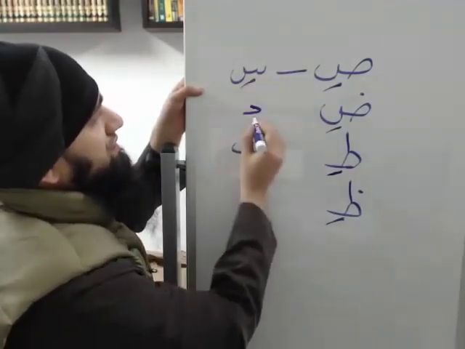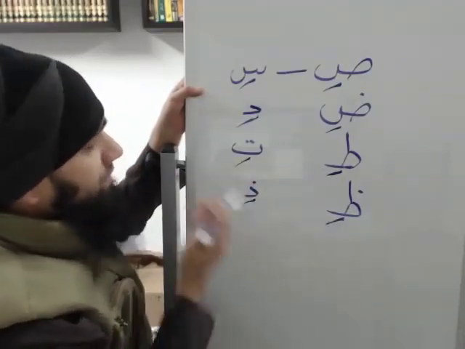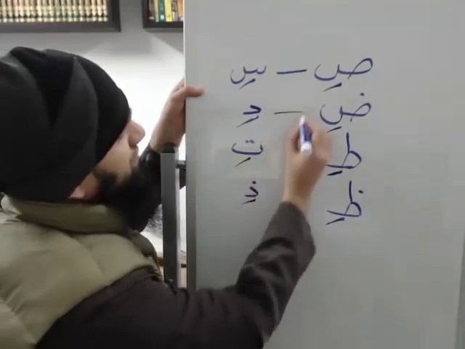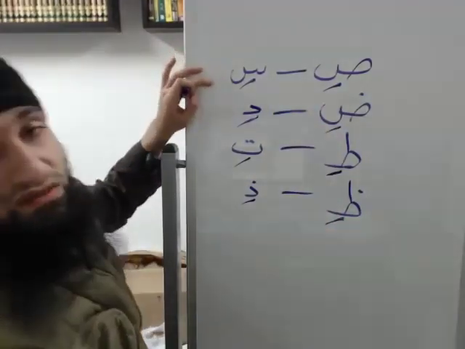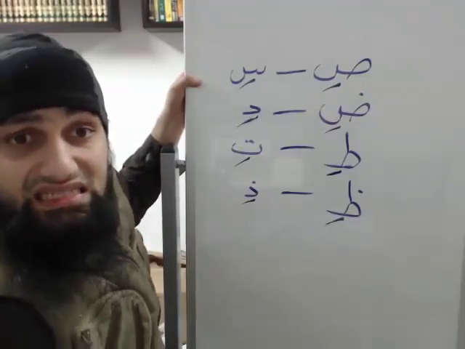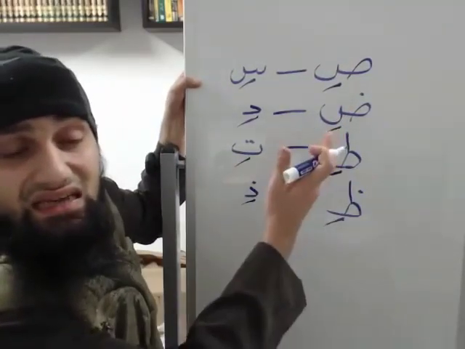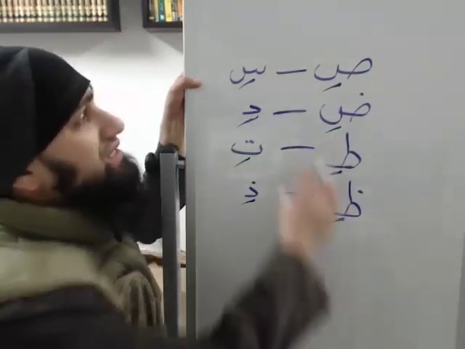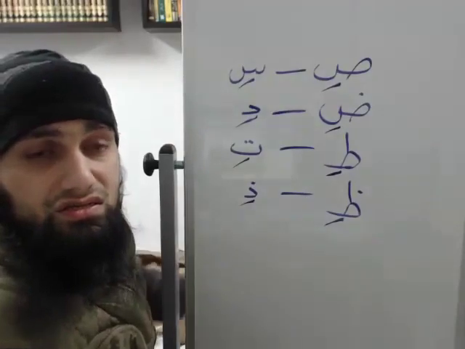With these two, the kasra is different. Now you know, very easy, these ones. This is sin fatha, sin kasra is si, easy. But this one, it's not si. You can't say si. This is si, and that one is heavy.